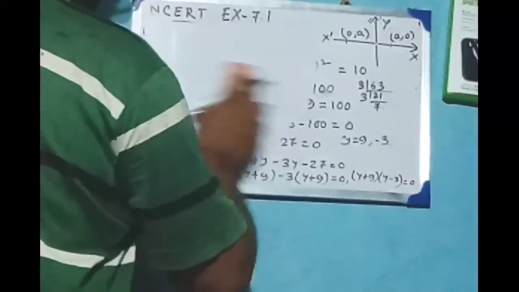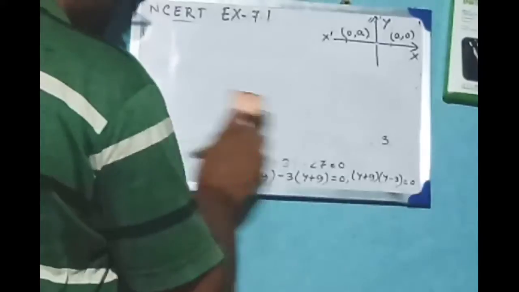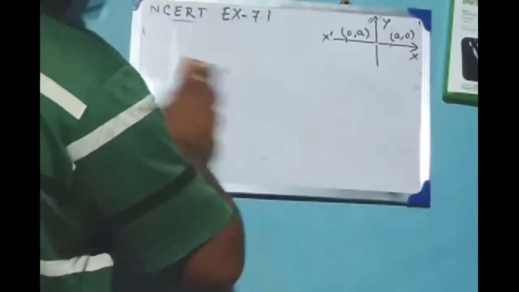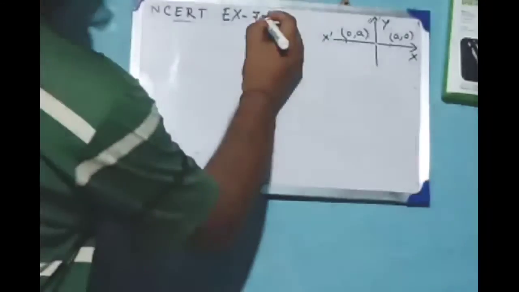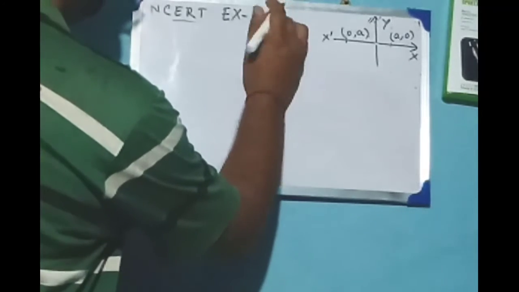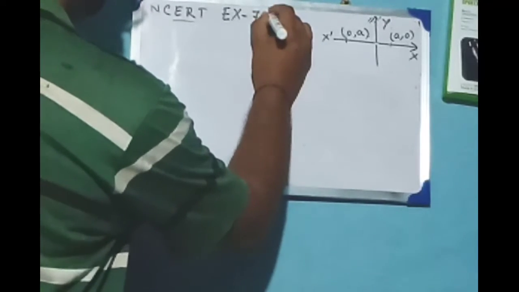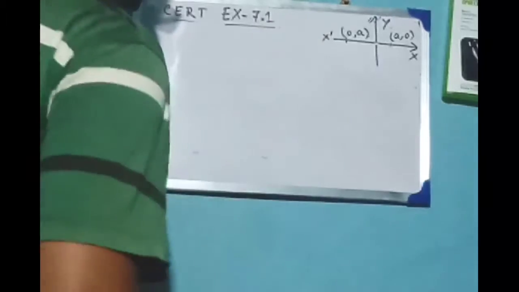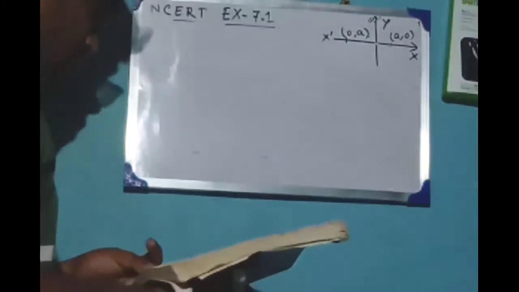Now the question number 9, we are doing NCERT exercise 7.1. Chapter name is coordinate geometry. Question number 9.